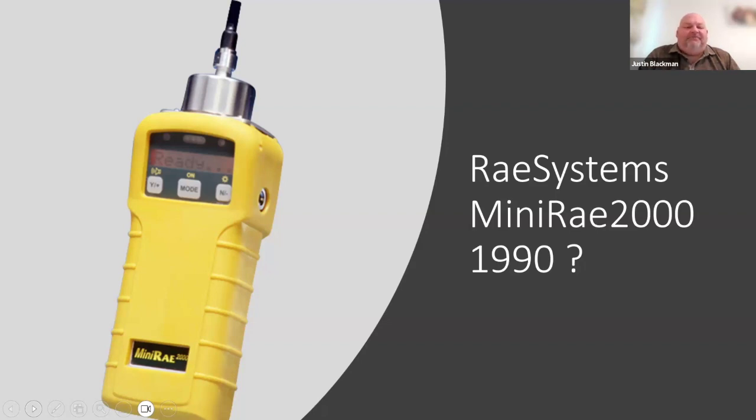There were whole generations of people who went to school for environmental studies, and they were taught using the Mini Ray 2000 technology. Great. It was a small advancement from the previous units. It now had better data logging. It lasted much longer, backlit screens, some things like that.